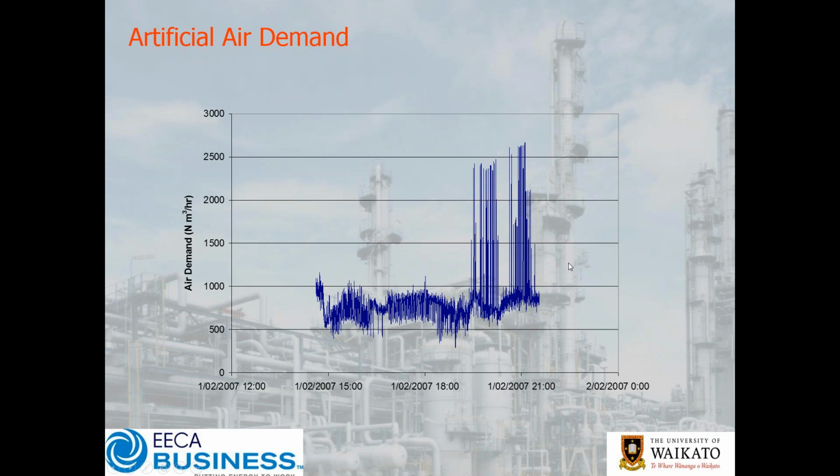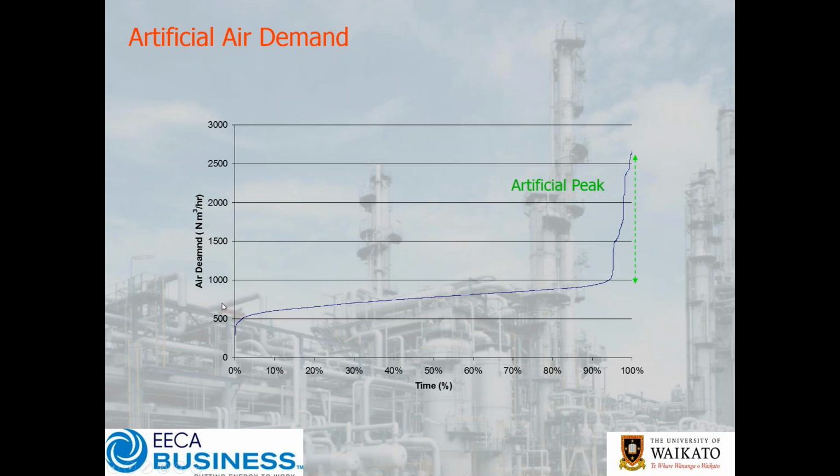There are the obvious safety issues with doing this, creating all sorts of mess and airborne materials and breathing problems and so forth, never mind the energy waste. So once again, if we sort this, you'll see you've got your steady demand, and then all of this over here is your artificial peak associated with your cleaning. Now, in most instances, you would argue quite strongly, in fact, that that should be eliminated, and then an alternative cleaning solution should be identified.